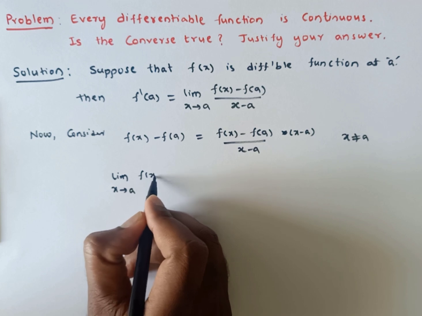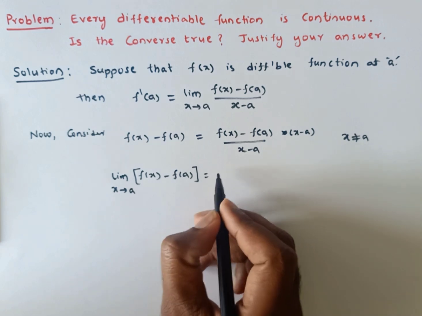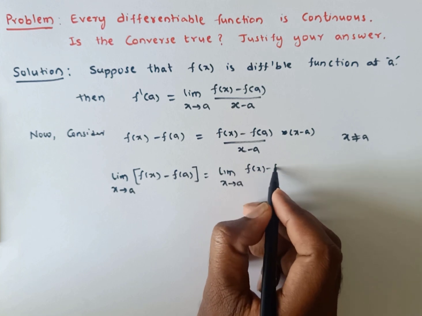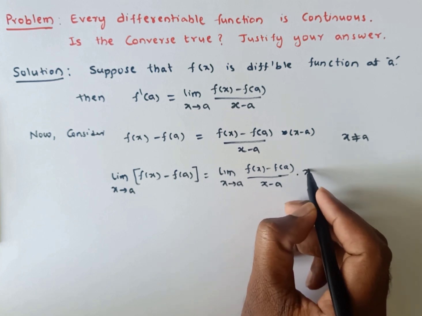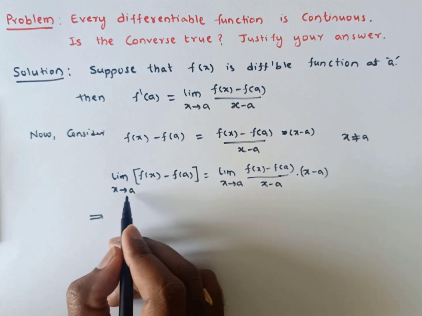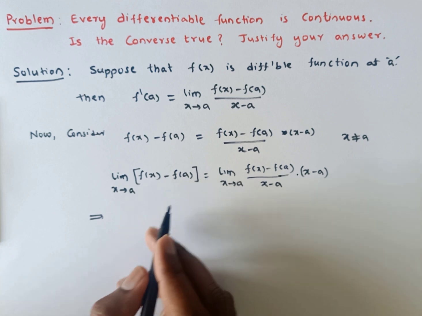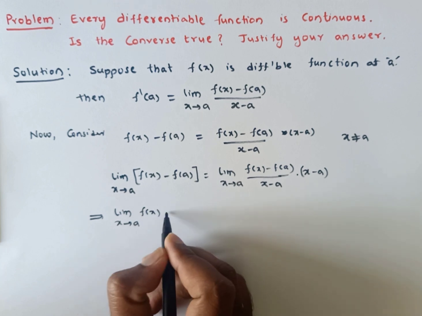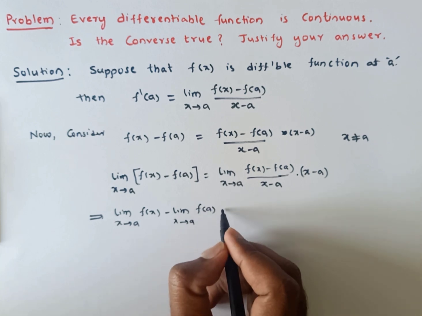Then what happens? This is f of x minus f of a, which equals limit x tends to a of f of x minus f of a by x minus a into x minus a. This is of the form f of x minus g of x, so we need to apply the limit to both functions on the left side: limit x tends to a of f of x minus limit x tends to a of f of a. f of a is a function value, a constant.